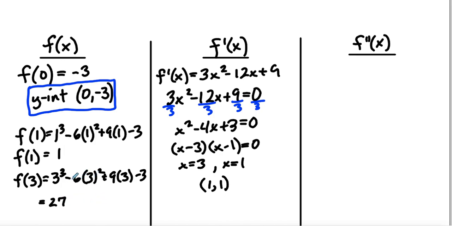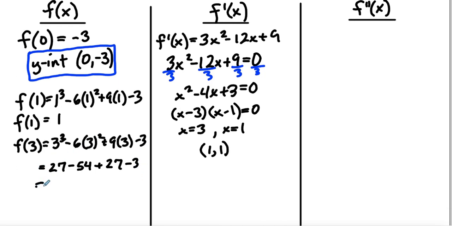Then here you have negative 6 times 9, which is negative 54. And we have 27 here again, and minus 3. Well, 27 plus 27 is 54, minus 54, those just cancel out, and I'm just left with negative 3.